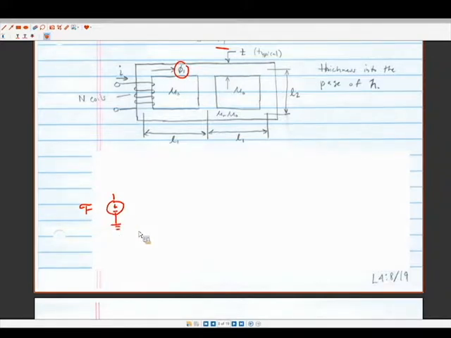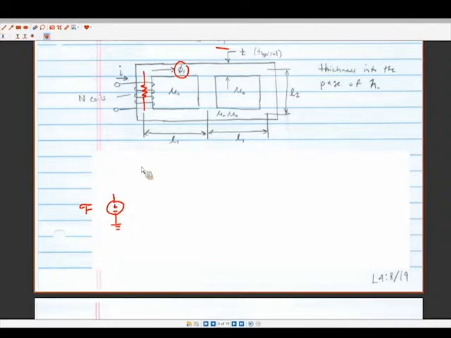So then my question is, what do we have next? What are our next elements to fill out this electrical circuit analogy? Reluctance, right? We have a reluctance on this leg here. Now, a lot of students will always ask, do I put this reluctance on the negative side of this voltage source, or the positive side?